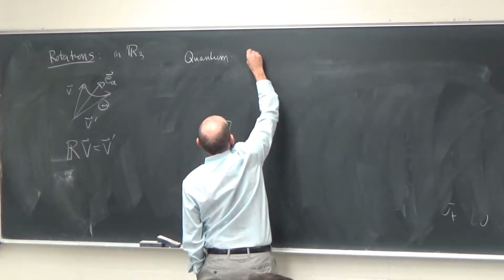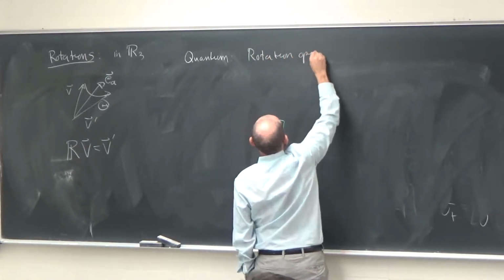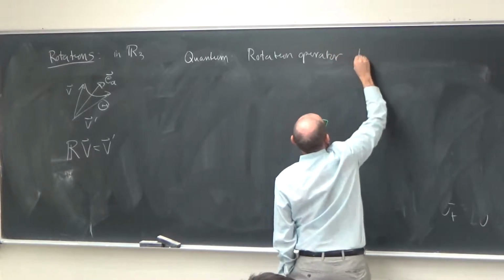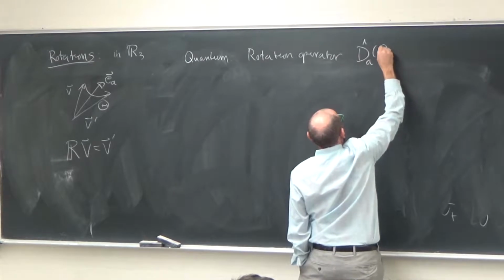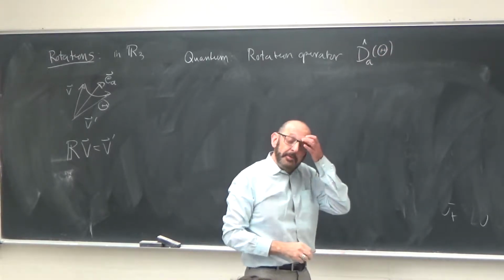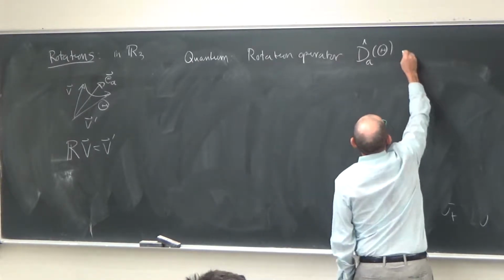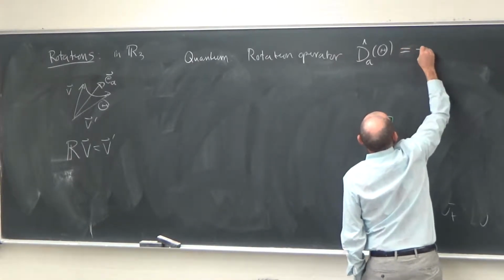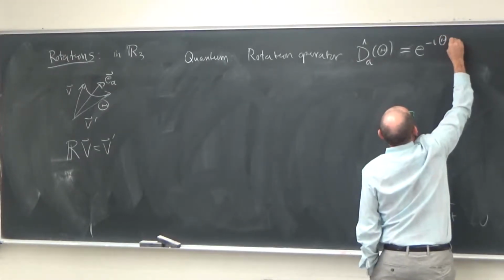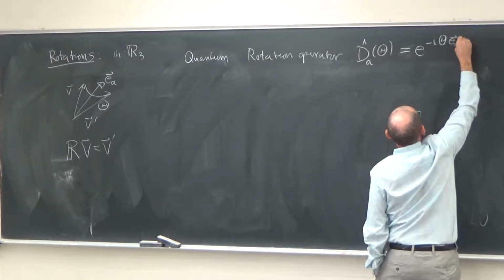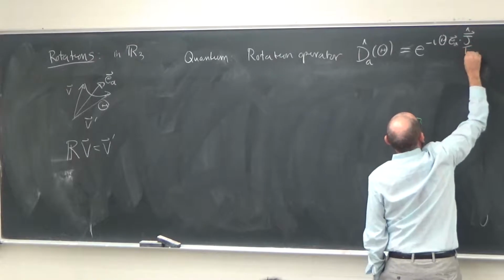We have a rotation operator, I'll call it D, that rotates the vector around the axis A by the angle theta, which is equal to e to the minus I theta times the component of angular momentum, which I'll generically call J, in units of h bar.